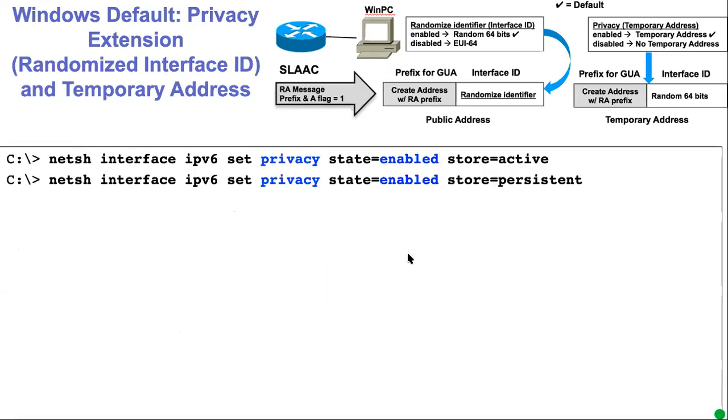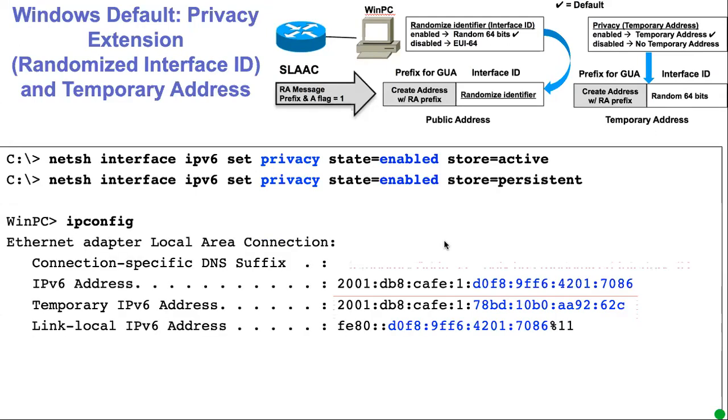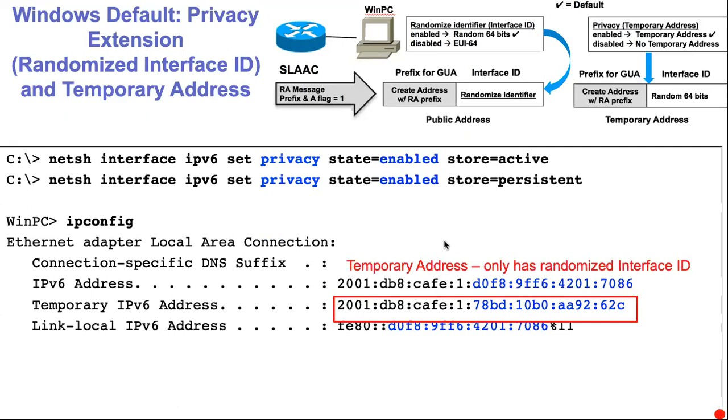Here, by default, the privacy state is enabled. So set privacy state enabled. This is actually what creates the temporary address by default in Windows. And again, it can only have a randomized interface ID, in blue here. So that's the default for Windows.